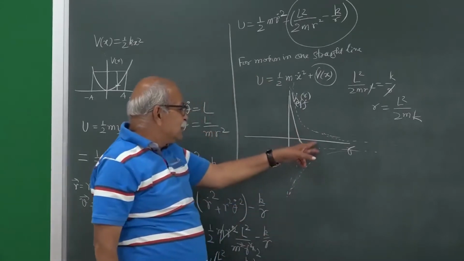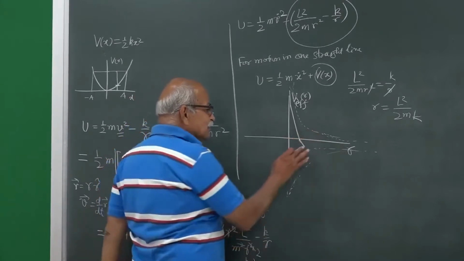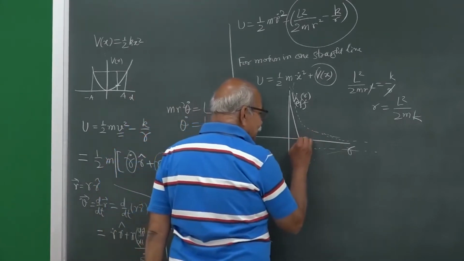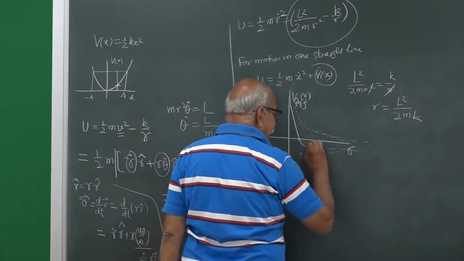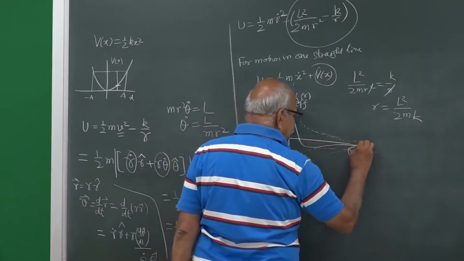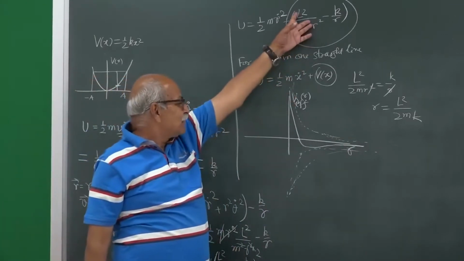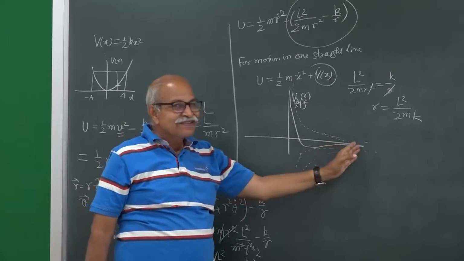After this, the minus k by r term will dominate, and the curve will become smaller and smaller in magnitude. So, this whole quantity, if you plot, will be of this type.